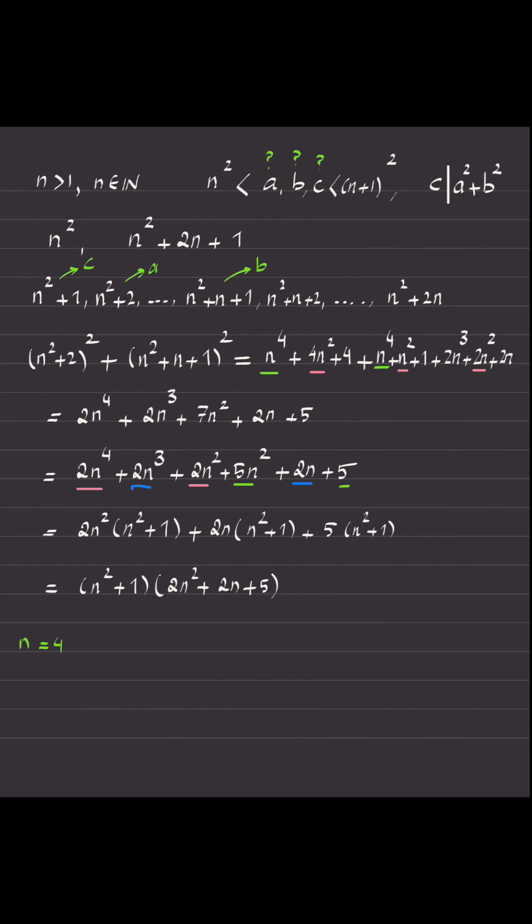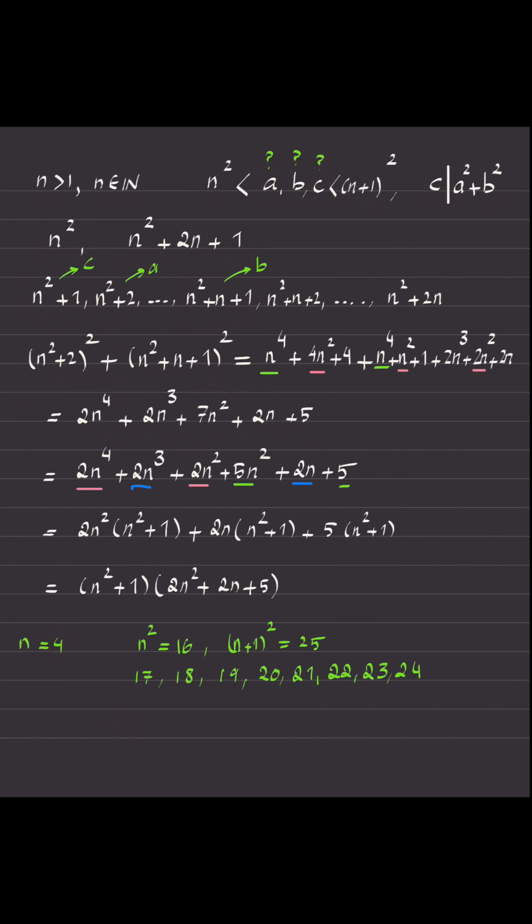So what are the numbers in my list? n squared becomes 16, and n plus 1 squared becomes 25, and the natural numbers strictly between 16 and 25 are 17, 18, 19, 20, 21, 22, 23, and 24. One thing is important to note: this number is already in the form of n squared plus 1, where n is 4.